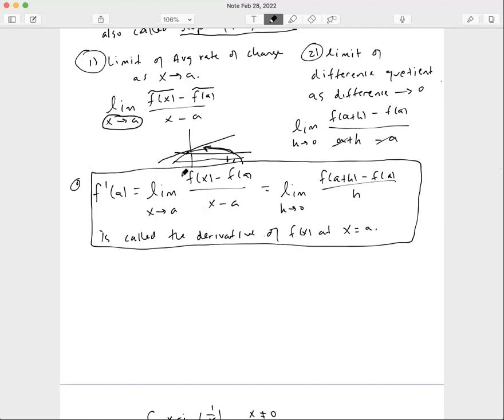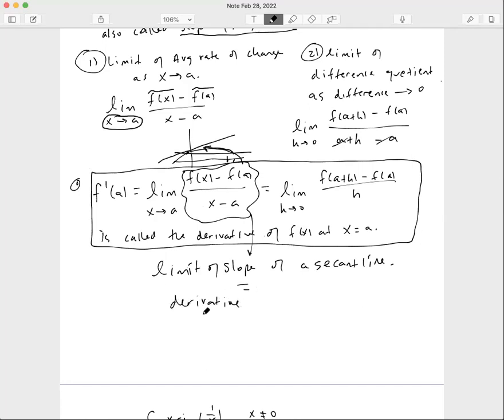Notice that this value here is the slope of the secant line, and then the limit is the derivative, or the slope of the tangent line. So that's how we're thinking about derivatives.